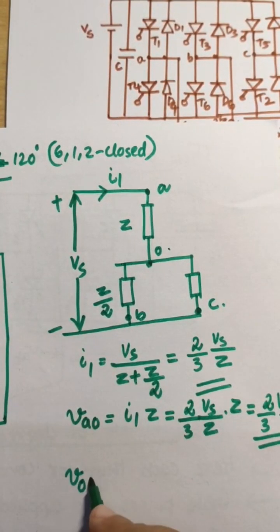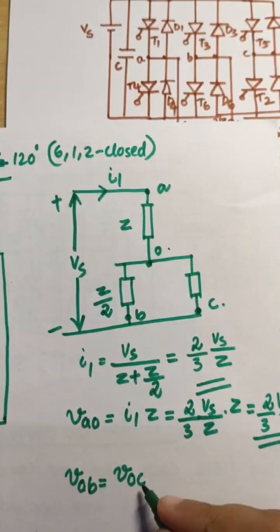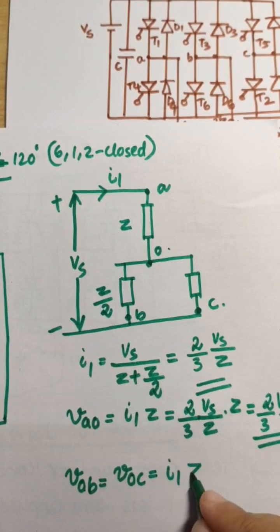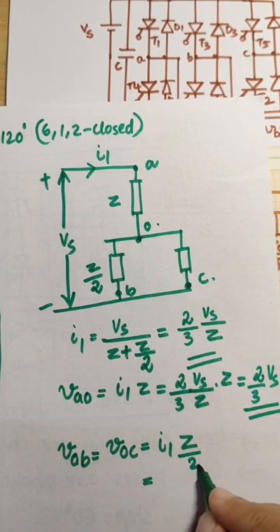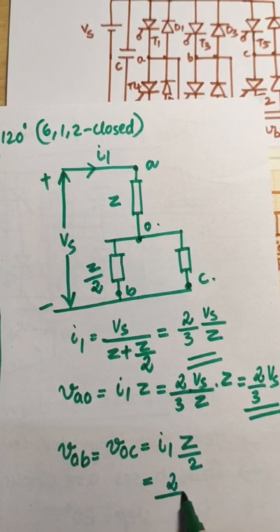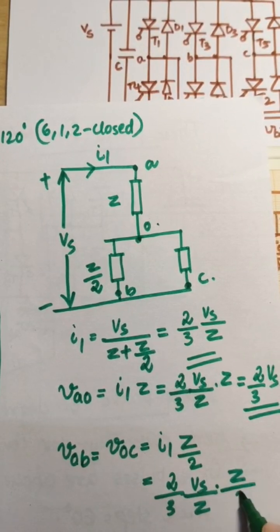Similarly, we need to find VOB and VOC. Both are equal, which is equal to I1 into Z by 2, which is equal to 2 by 3 Vs by Z into Z by 2.